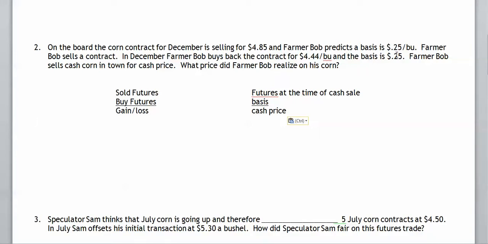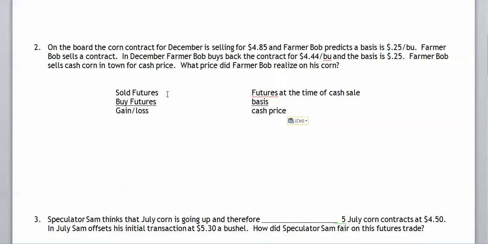But we'll see how that affects us here in a little bit. Farmer Bob sells a contract for the $4.85. In December, Farmer Bob buys back the contract for $4.44, and the basis is 25 cents. Farmer Bob sells cash corn in town for cash price. What price did Farmer Bob realize on his corn?